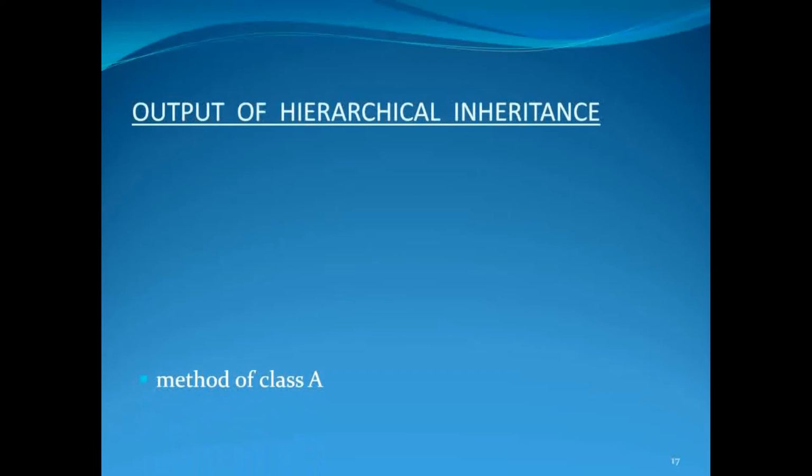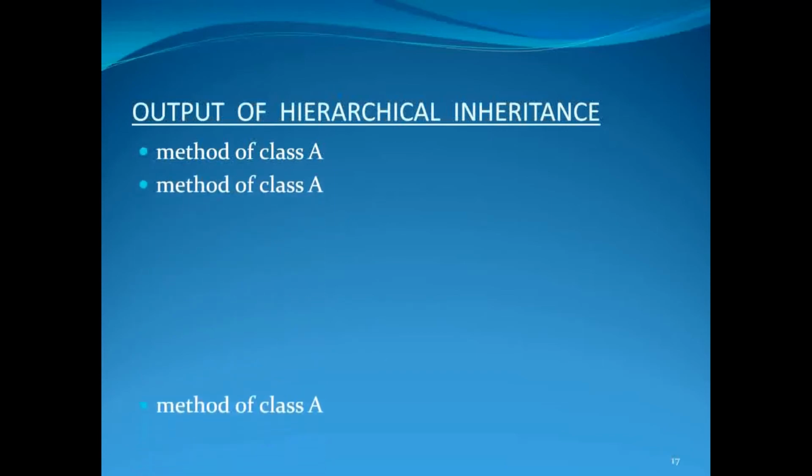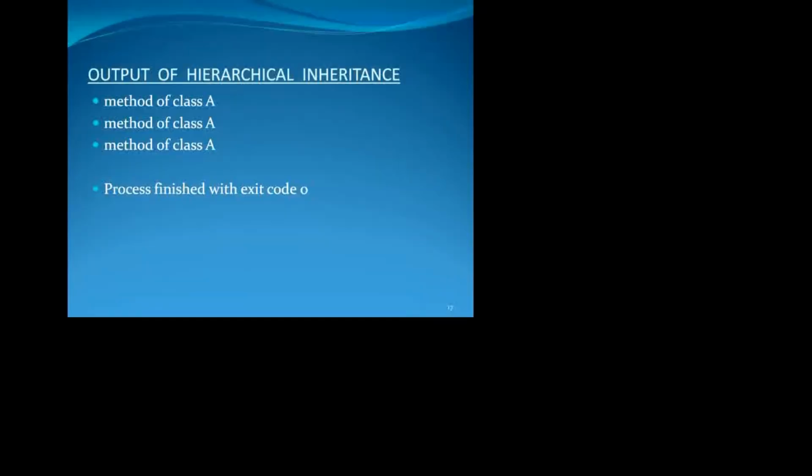So this is the output of hierarchical inheritance. So all the classes, subclasses or derived classes can access or can get the method of the base class.